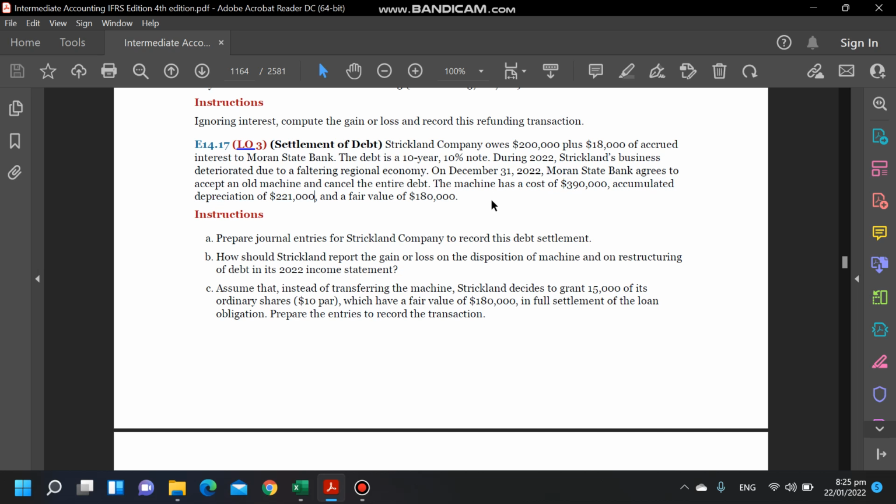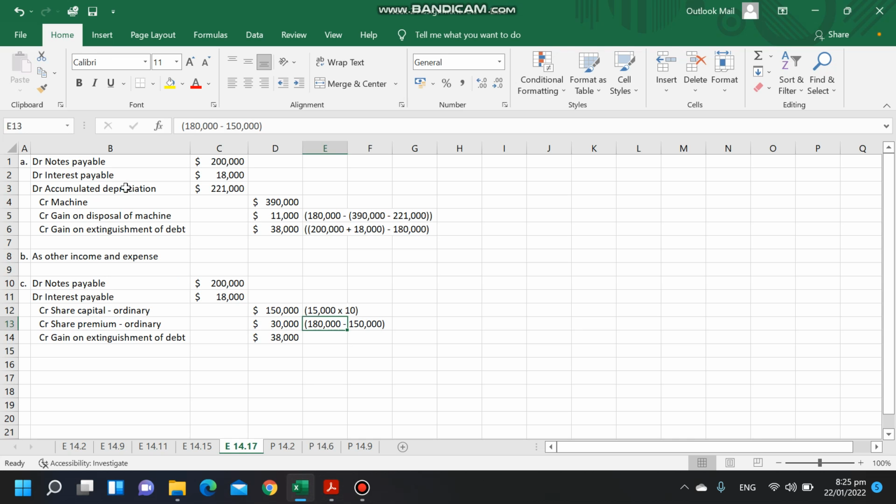Yeah, so we'll make the journal entry and we will debit our notes payable because we have settled it, and then we will debit the interest payable, 18,000 also, and then we'll debit the accumulated depreciation because we disposed it, 221,000, credit machine because we disposed it also, and then credit gain on disposal of machine 11,000, which is from the fair value of the machine 180,000 minus the book value of the machine.